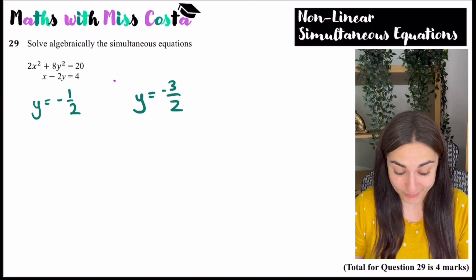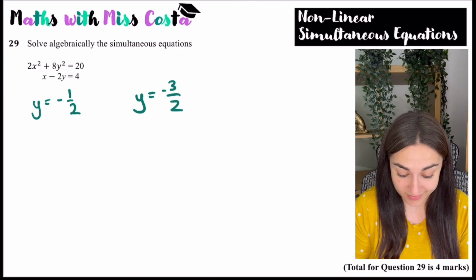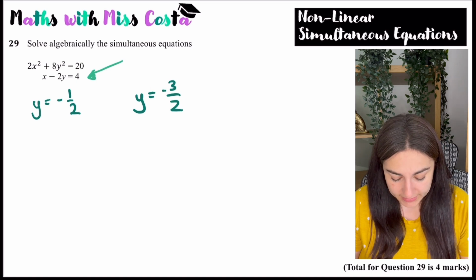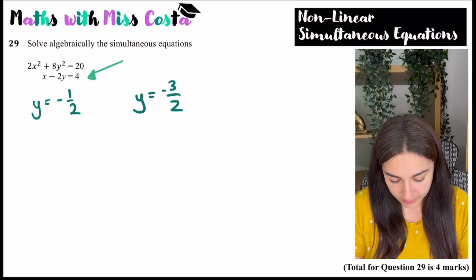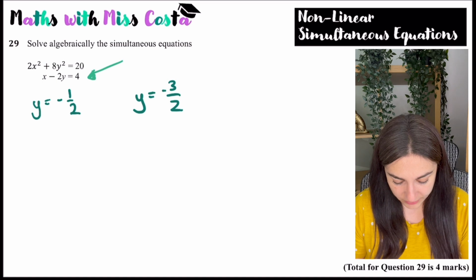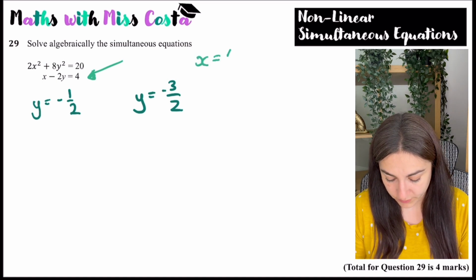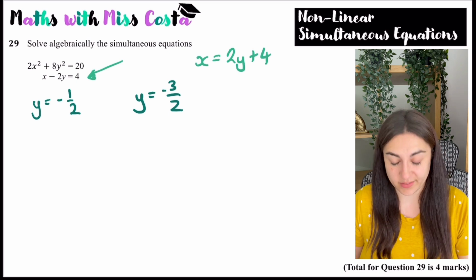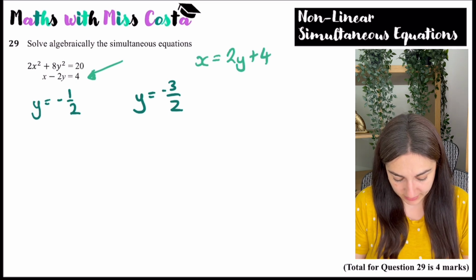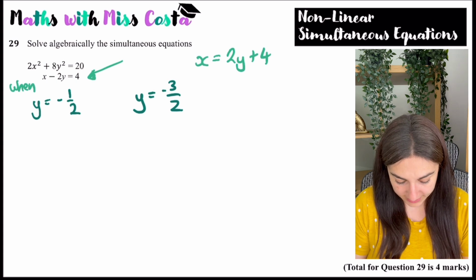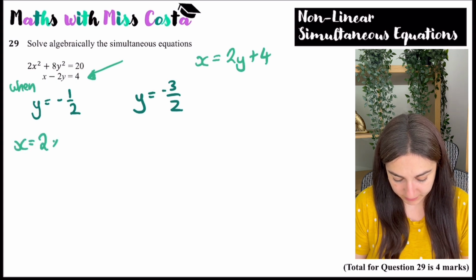The easiest one to do would be the linear equation, which makes your life easier. We could rearrange it so that x equals 2y plus 4, just to make it easier to work with.